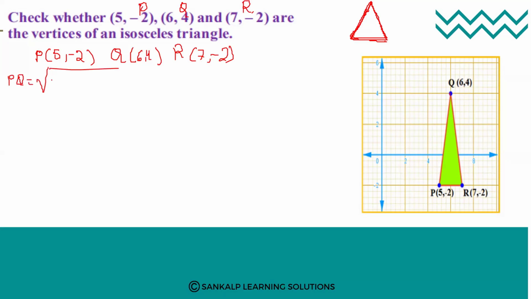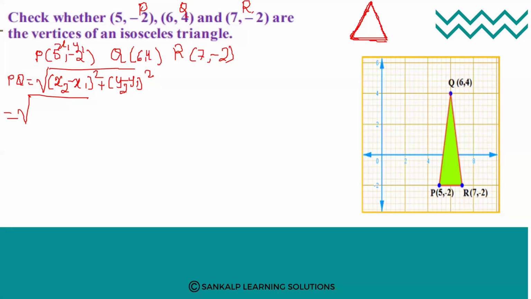Let us find out PQ. The formula is square root of x2 minus x1 whole square plus y2 minus y1 whole square. Right? P to Q I am considering.